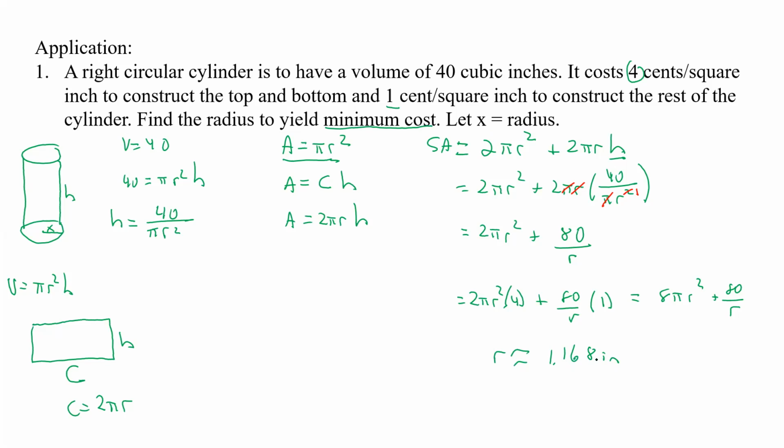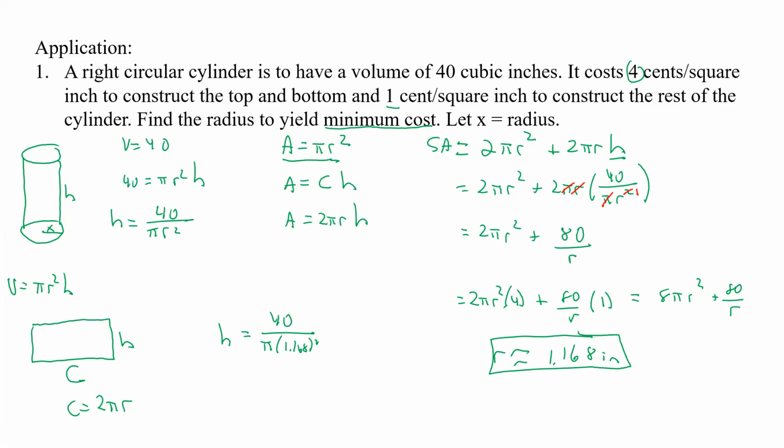So that's all it asked for. It just said find the radius. It didn't say find the height or anything, but that's going to be our radius to minimize the cost. Now, let's say it did say find h. So h is equal to 40 divided by pi times 1.168 squared. And so let's type that into the calculator on the side here.